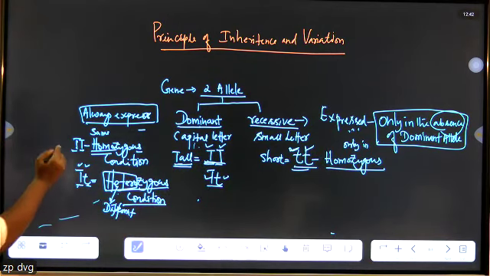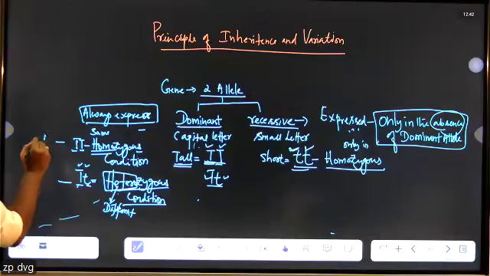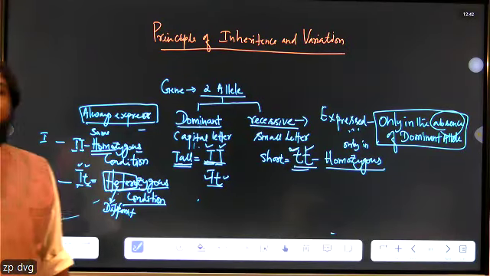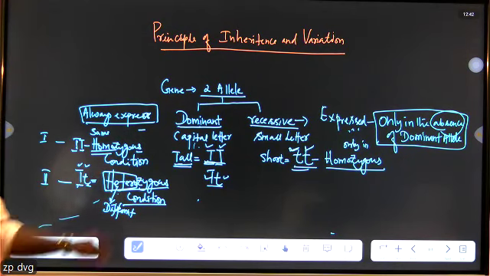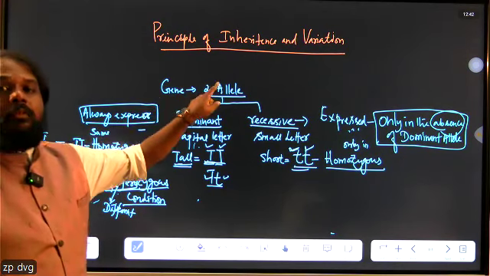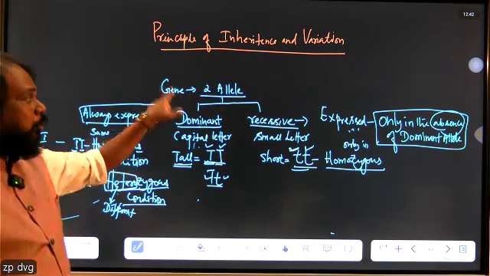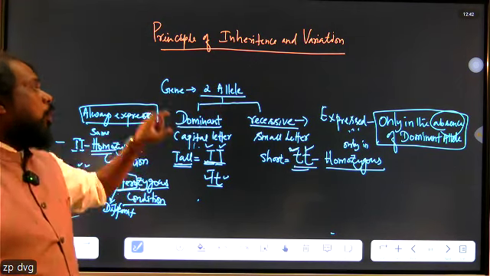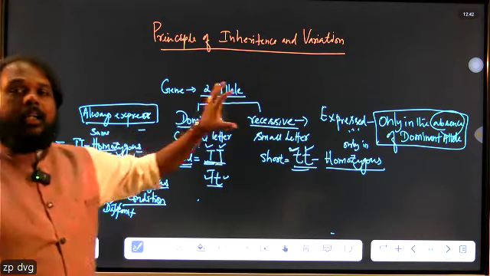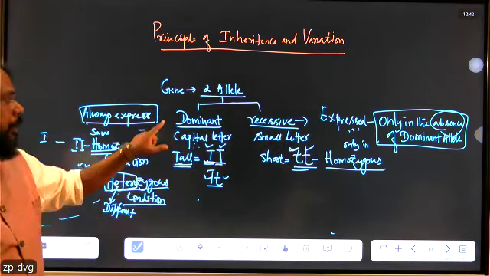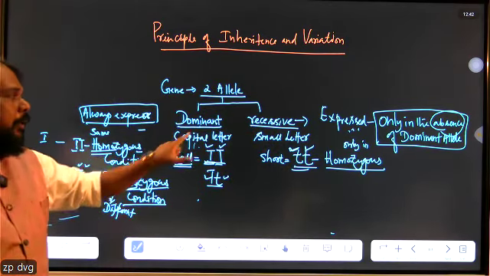So, in this, we also learned two more terms, what is homozygous and what is heterozygous. Understood now? So, a gene will have, most of the time, not all the time, two alleles. One is called dominant, the other one is called recessive. Dominant, you should represent in capital letter.